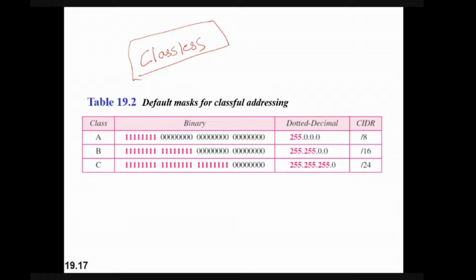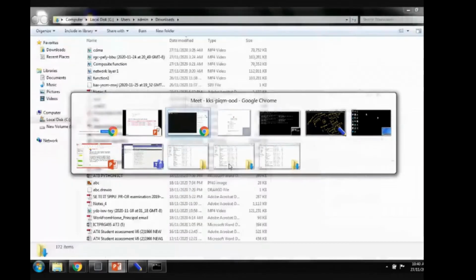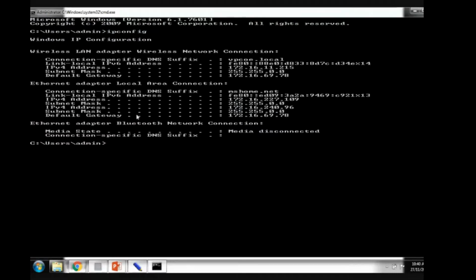These are the default masks for classful addressing. Now, what is a default mask that we will understand. In class A, the default mask is 255.0.0.0. In class B, the default mask is 255.255.0.0. If you check your address, you will get the address information like this.